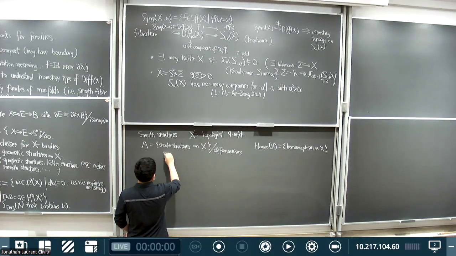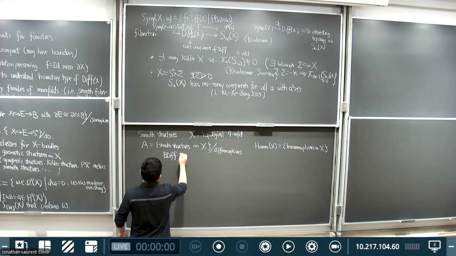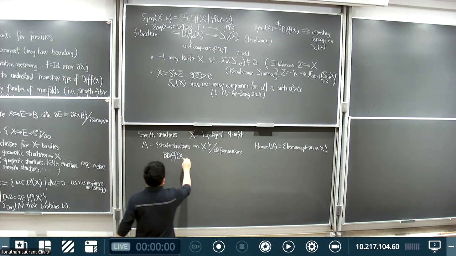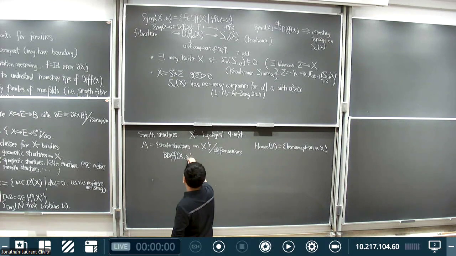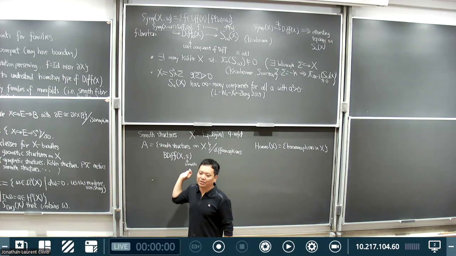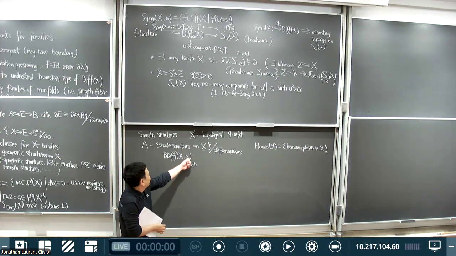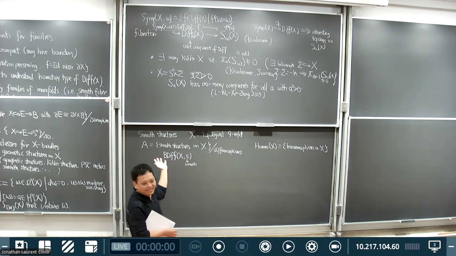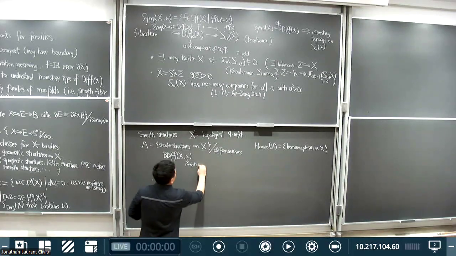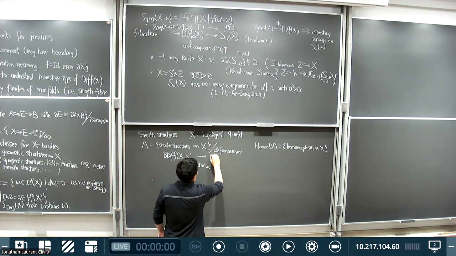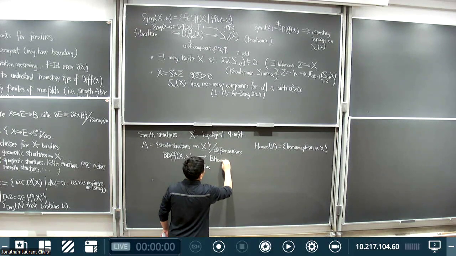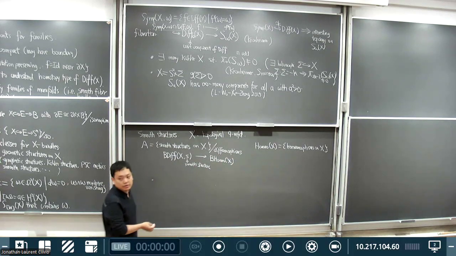We can consider B Diff, the moduli space. But this X is now just a topological manifold, without a smooth structure, because certainly this space will depend on the smooth structure. Well, it's not obvious at all why this space should depend on the smooth structure. And we have the obvious forgetful map from B Diff to B Homeo, because any diffeomorphism is just a homeomorphism.